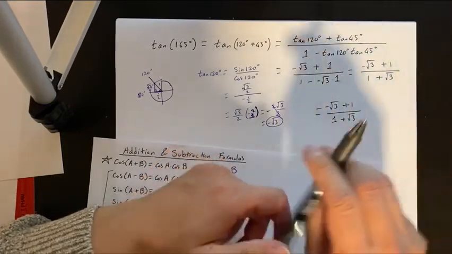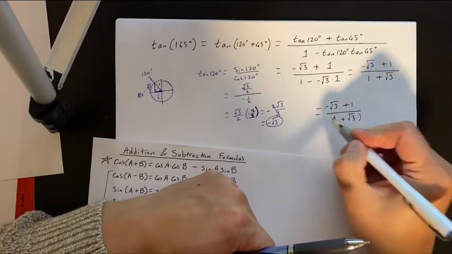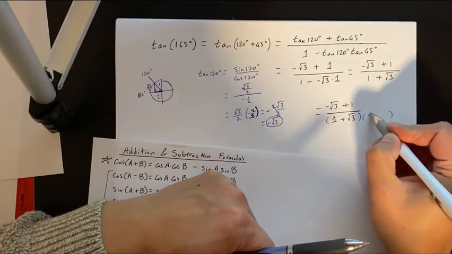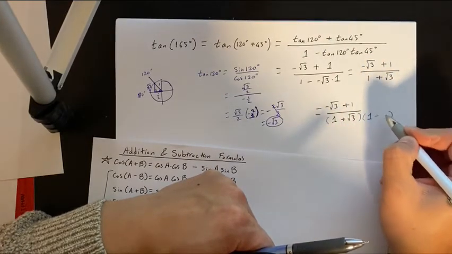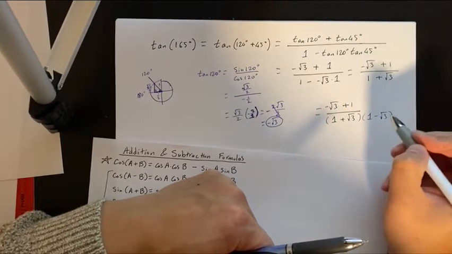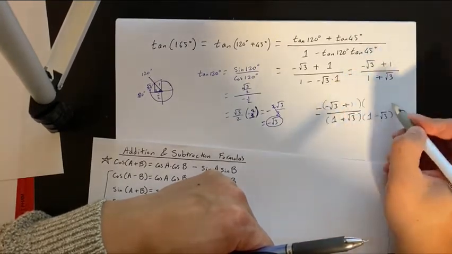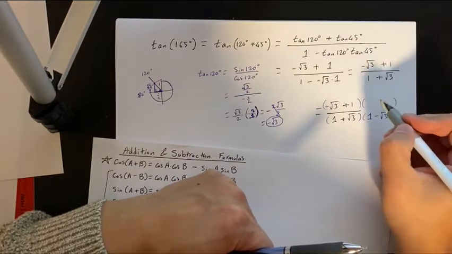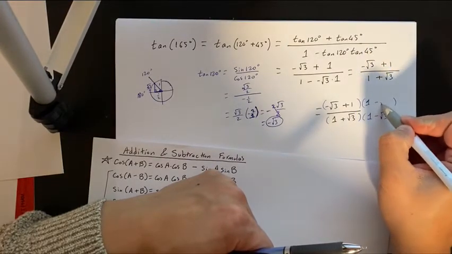Okay? So I'm going to multiply this by its conjugate, which is going to be the difference of 1 and root 3. But if you multiply that bottom by 1 minus root 3, we have to multiply the top by 1 minus root 3 as well.